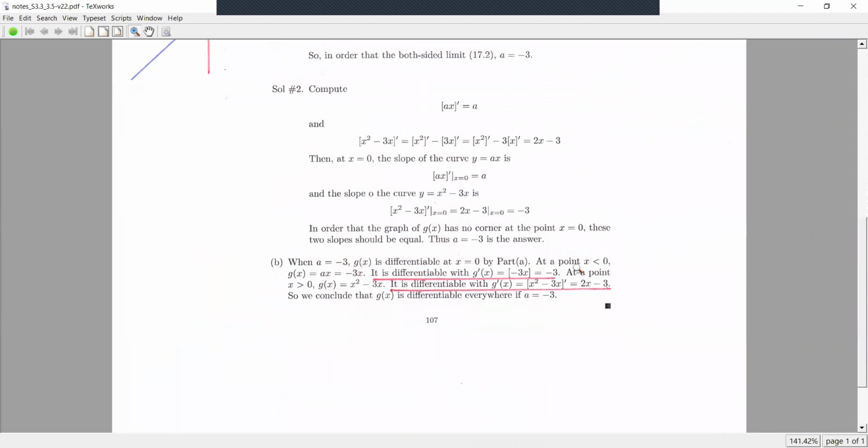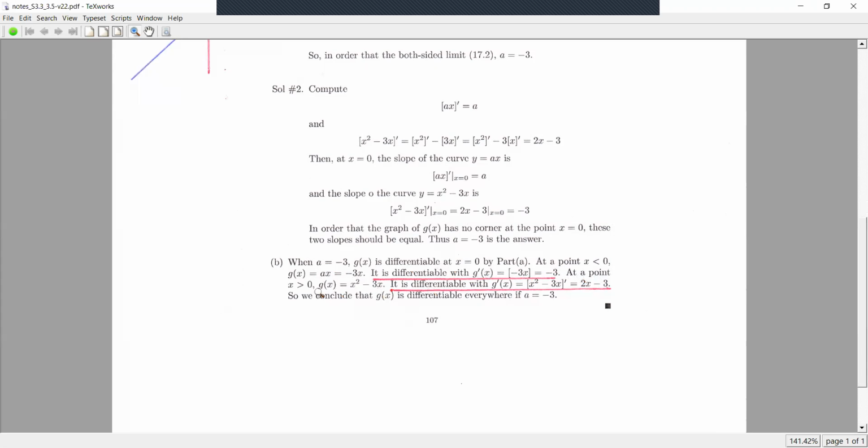At a point x less than 0, the function is a times x. A now is -3. This function is differentiable. The derivative of the function is -3.